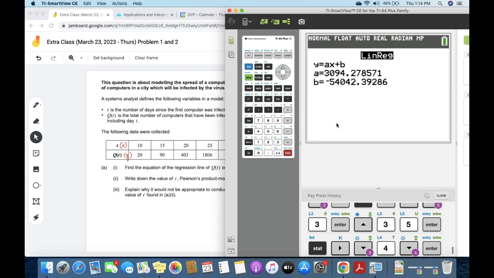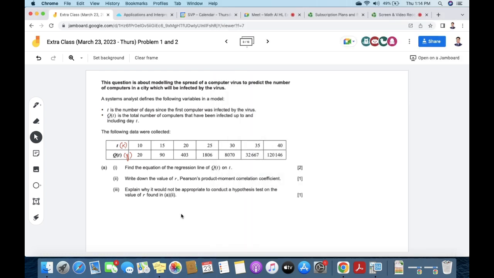T. Okay? And then your y-intercept is negative 54042.39. So if you're going to write it here, you have to use the correct notation. Okay? So this must be q of t. Remember, we are not using y.